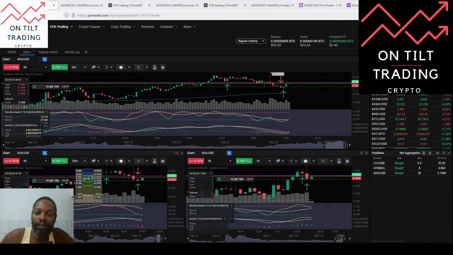This blue line that you're seeing right here, this is the 200 exponential moving average. That's a messy way to put EMA up here.